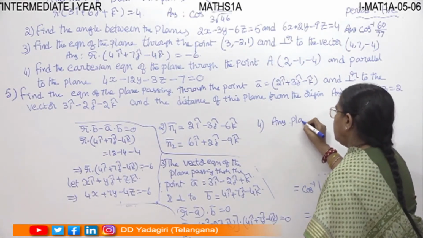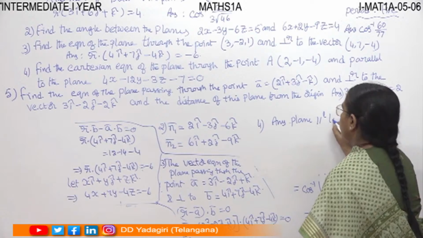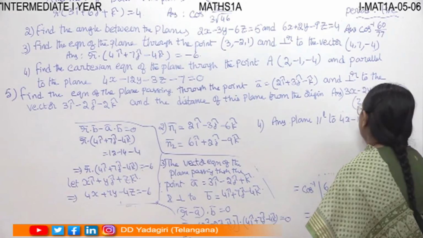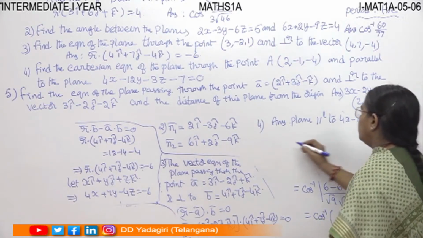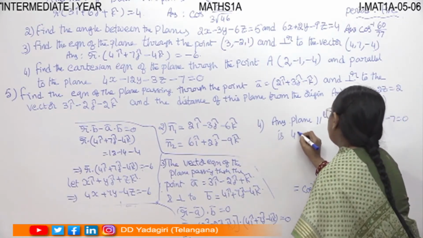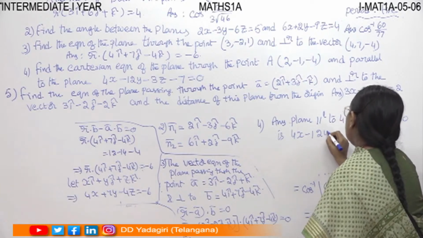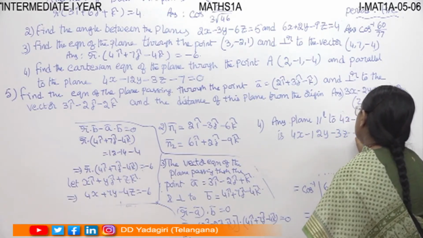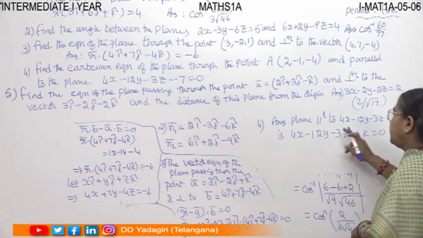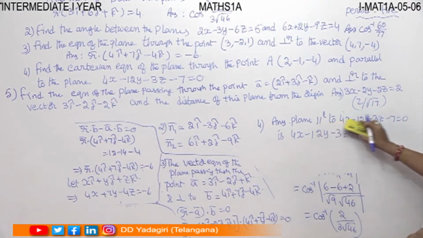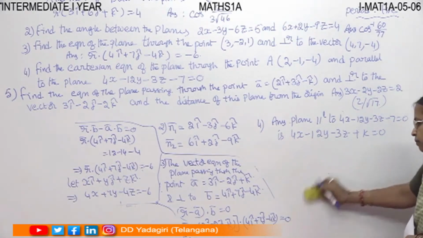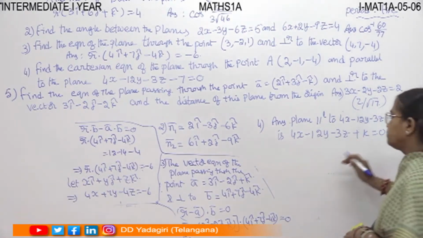So for the fourth one, any plane parallel to 4x minus 12y minus 3z minus 7 equals 0 is of the form 4x minus 12y minus 3z plus k. In parallel planes, only this constant will be different. The other things will all be the same, like in straight lines also you have a similar thing.